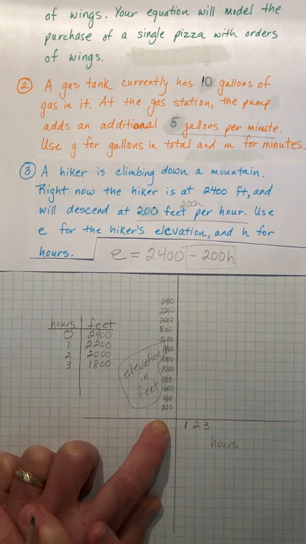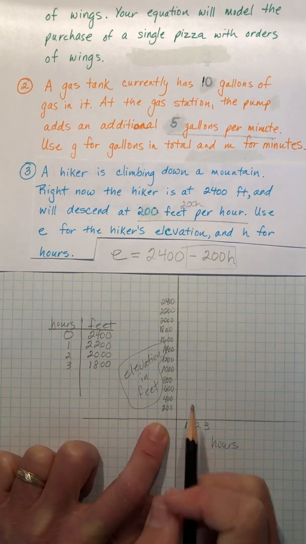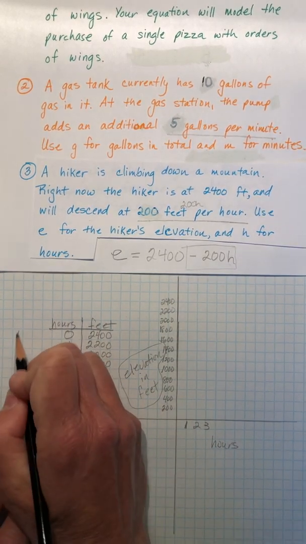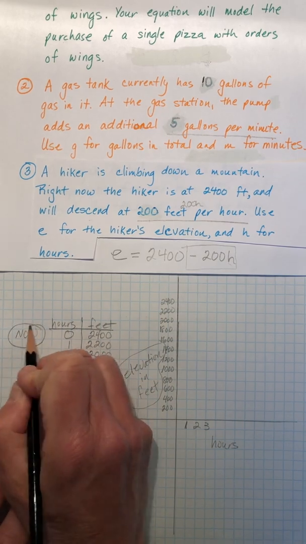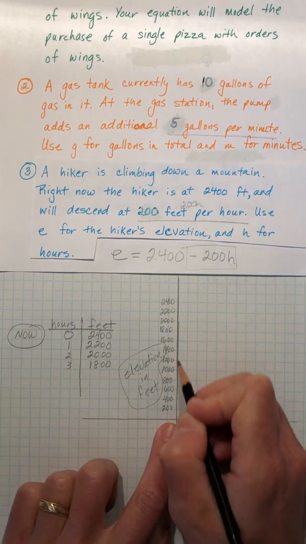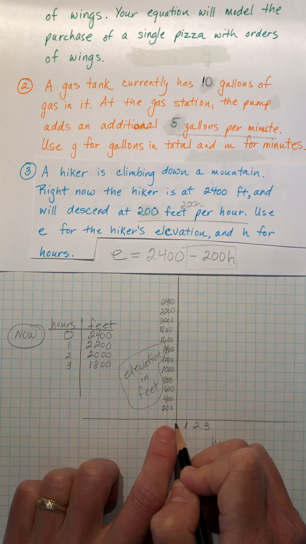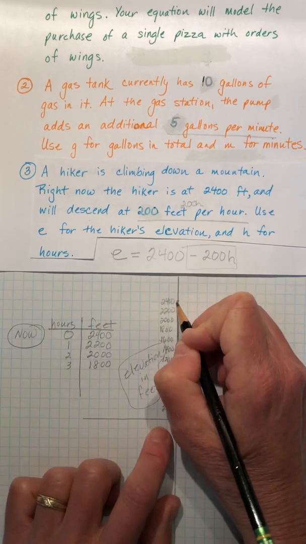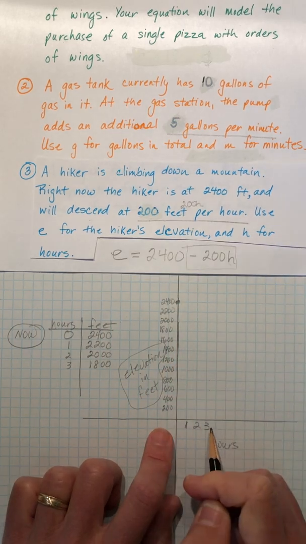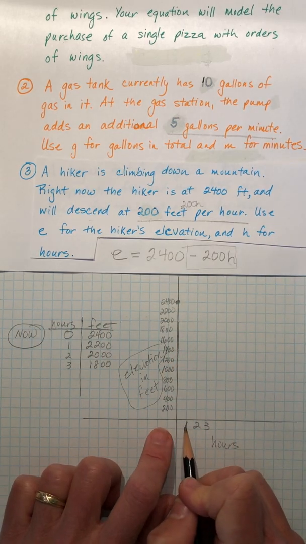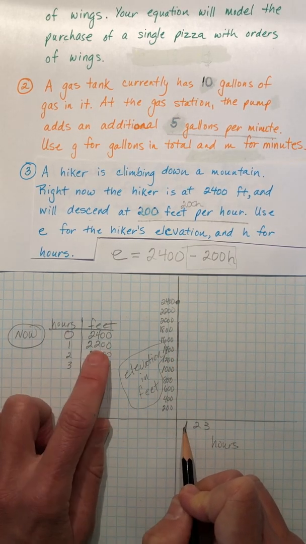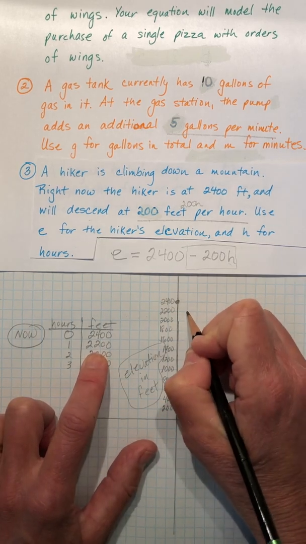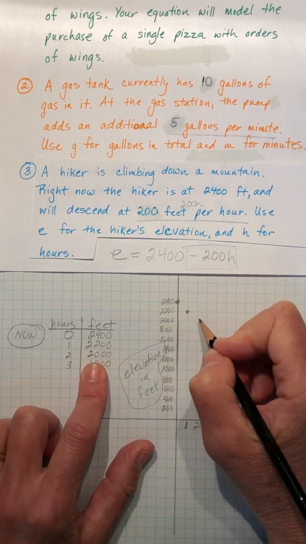Okay, now I'm ready for my y-intercept. Remember, time always appears on the y-axis. So at time 0, right now, that hiker's at 2,400 feet. At hour 1, he or she is at 2,200, and so on.